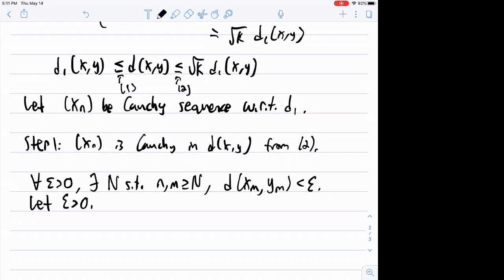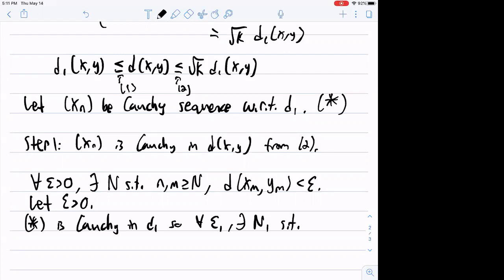We're going to use 2. From here, let me just write star: xn is Cauchy in d1. So for all epsilon 1, there exists n1 such that for n, m bigger than or equal to n1, d1 of xm, xn is less than epsilon 1. That's by assumption, because we're given xn is Cauchy with respect to d1.